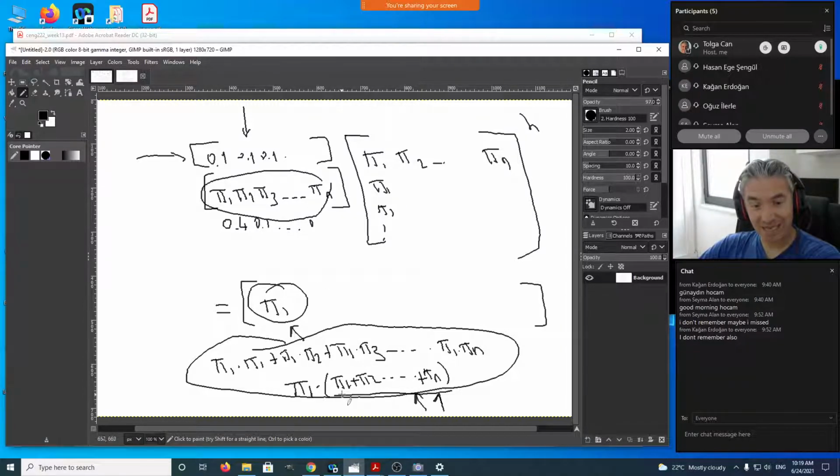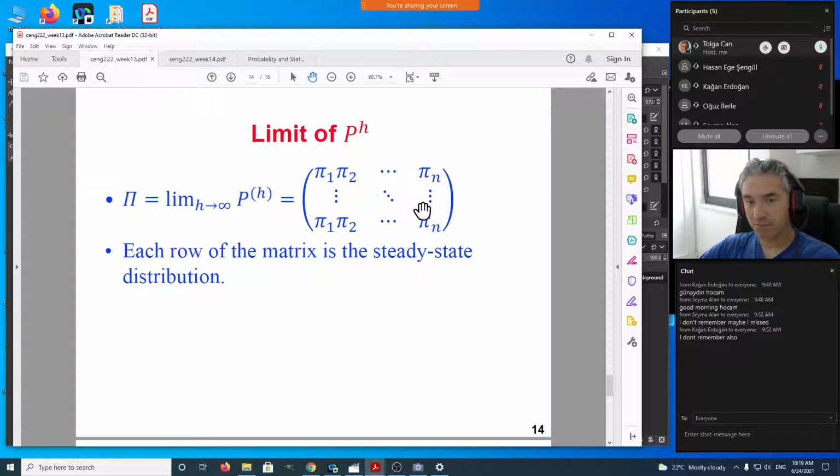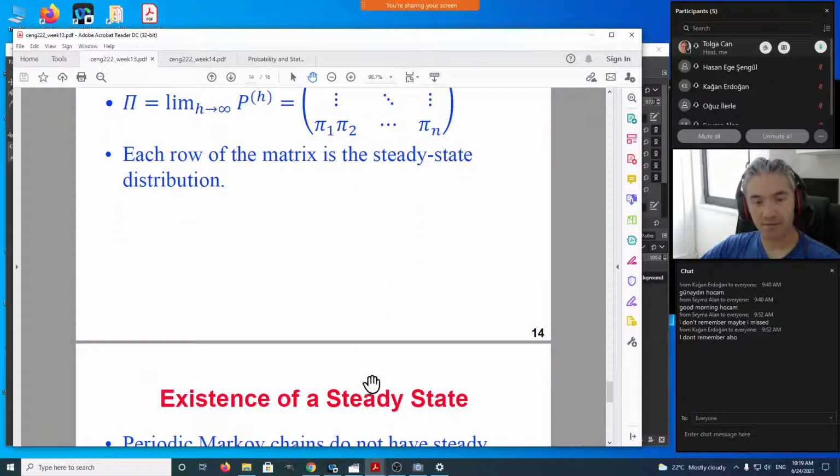So they could be anything. They don't need to be pi 1. As long as their summation is 1, we're always going to get pi 1. Your second entry will always be pi 2, whatever these are. So whatever state you start from, if you multiply them with this special matrix, which shows you the h-step transition probabilities when h goes to infinity, they will give you the steady state.